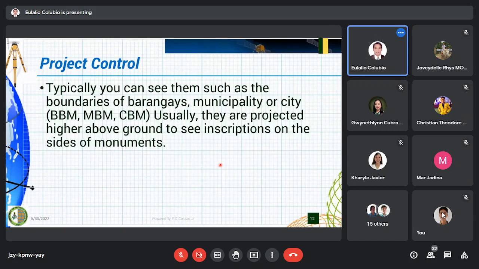It protrudes higher compared to the geodetic control, because the purpose of this control class is to have lettering on the side of the monument.